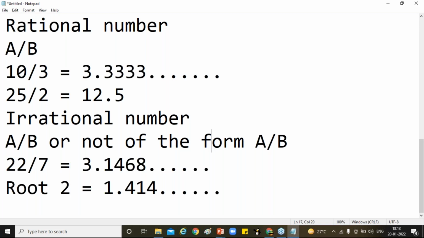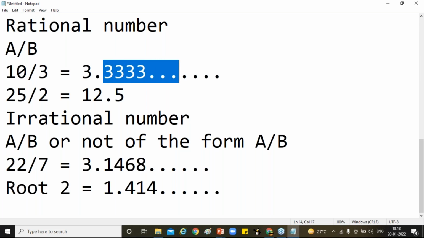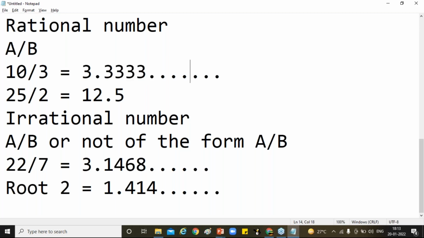Please observe here: after one decimal place it is ending. Here in 3.33, after the decimal place 3 is repeating many times, so compulsorily here also 3, here also 3. We know which digit is repeating here. But 3.1468 and so on: after 8, which digit comes? We don't know, so here no digit is repeated.